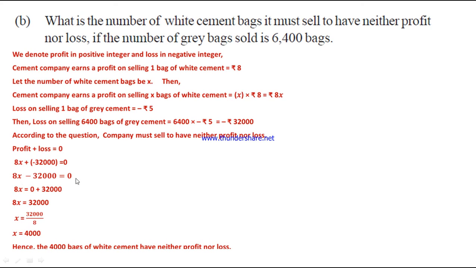This is an equation. Can you remember what you studied in 6th standard, children? Equation. Here we are solving this equation. The left hand side of the equal sign is 8x minus 32,000 and the right hand side is 0. To solve this equation, we have to separate the variable x.